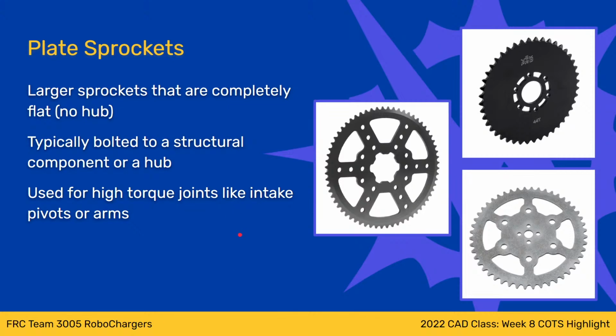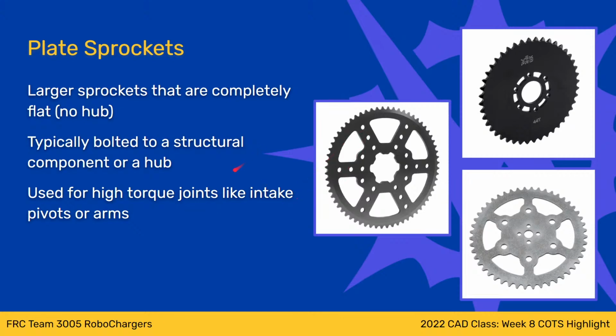The bolt holes are generally used to bolt a plate sprocket to a structural element or a hub that's driving something larger. Generally speaking, a plate sprocket is never the driving sprocket, or you're never attaching a plate sprocket to a motor. You're always driving the plate sprocket, and so the plate sprocket is attached to whatever it is that you want to drive.